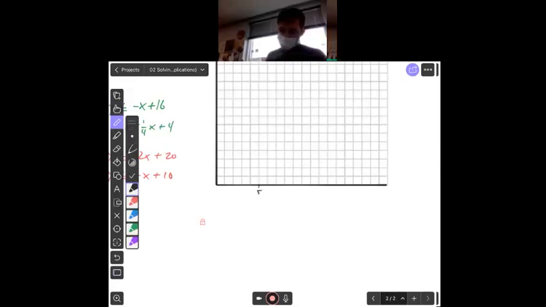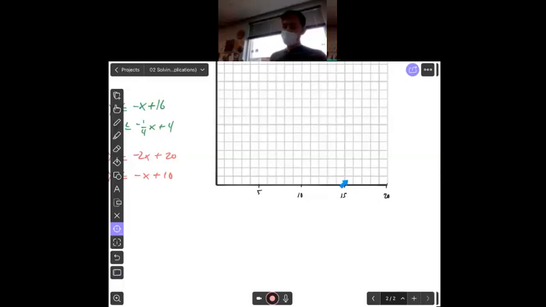If I start at 4, and I go down 1 over 4, down 1 over 4, down 1 over 4, down 1 over 4, I'm going to get to 16 by the time I hit that x-axis.